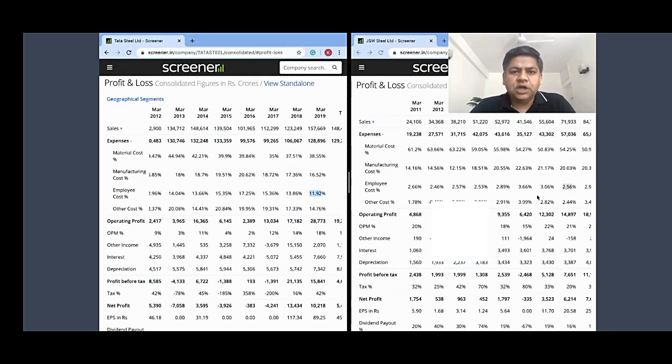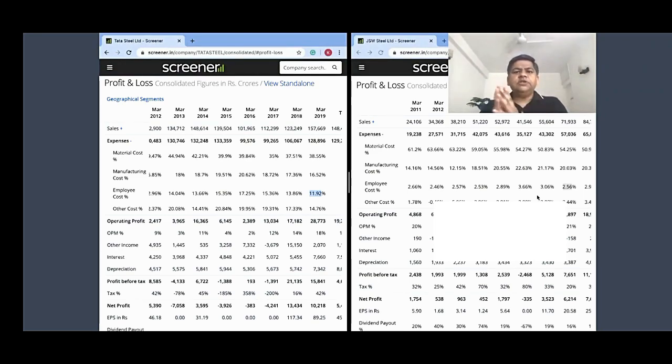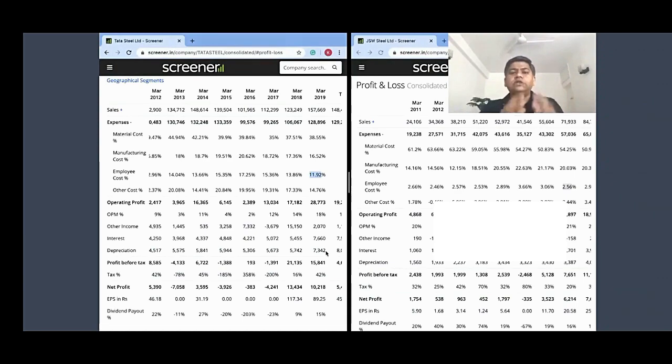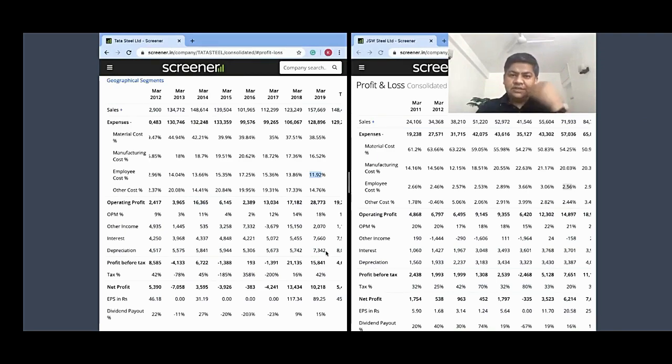But then you have to start your analysis with the P&L statement. Look at the compounded sales growth. Look at different levels of company efficiency. Look at whether those inefficiencies or efficiencies are going to be there for the short term, and you can still bet on them and try to pick up your stock, right?